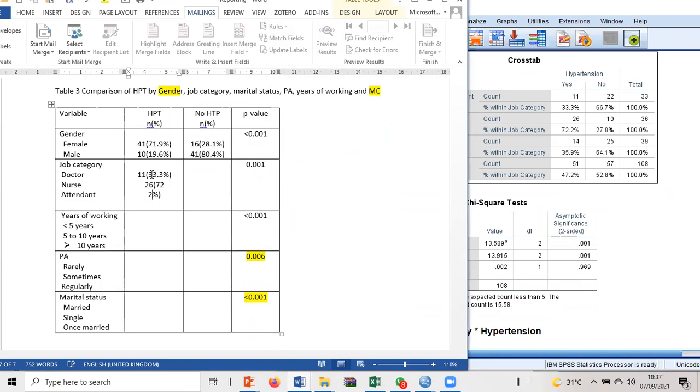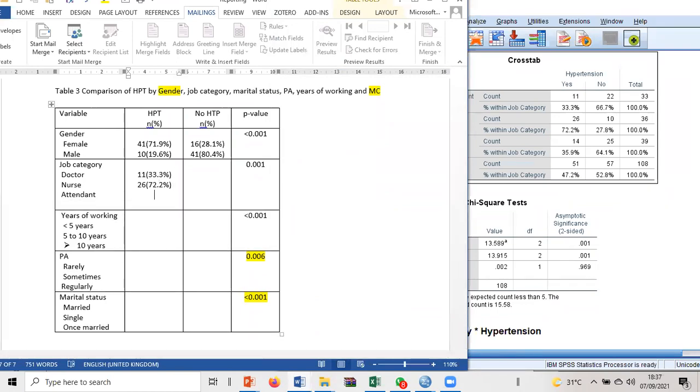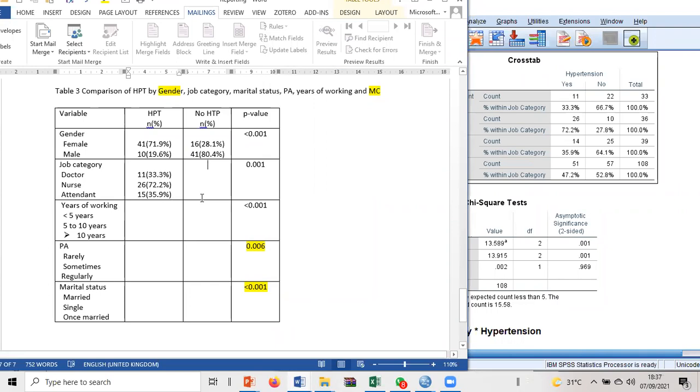Next. Next. 14, 50%. 35.9%. Okay, you fill up the side here. All right.